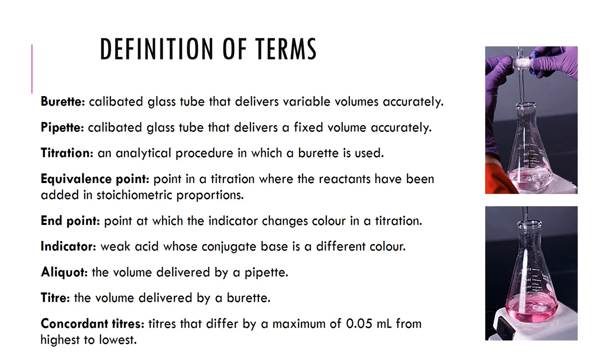Most will say 0.05 centimeters cubed, which is quite a small volume, about 1 drop, but the IB and even VCAA for VCE accept a concordance of plus or minus 0.1 milliliter or centimeter cubed in range from the highest to the lowest values. And then we would only use those ones that are concordant to average out our results and work out our analysis from.